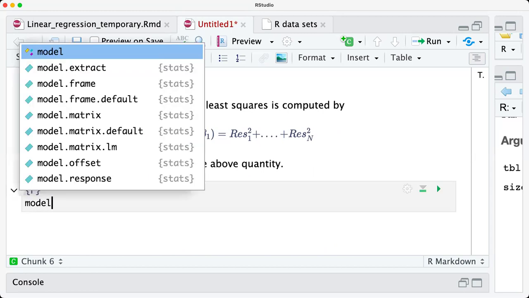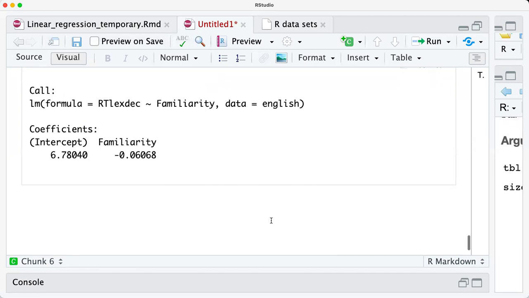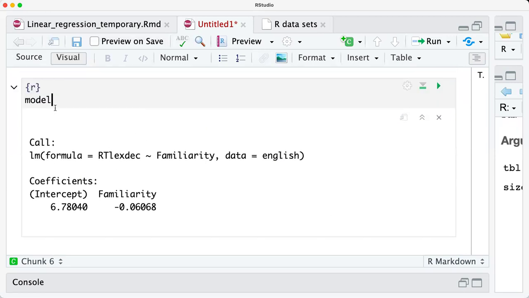We save the output into this variable model. If we simply print it in this way, it will give me the coefficients. So I have to use summary to see more in detail.